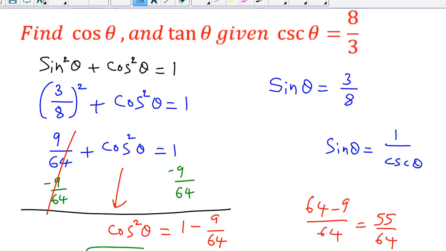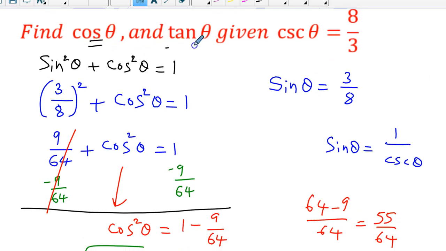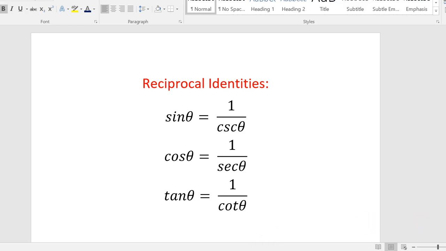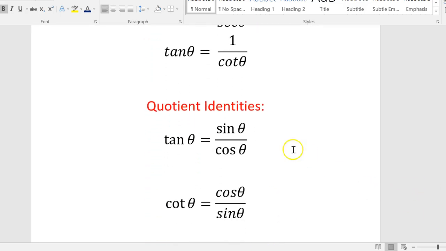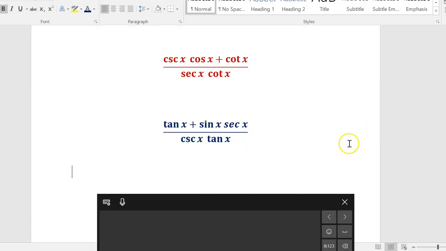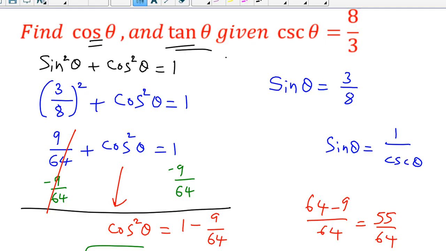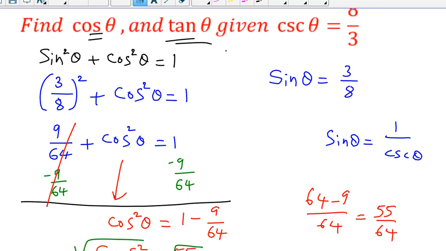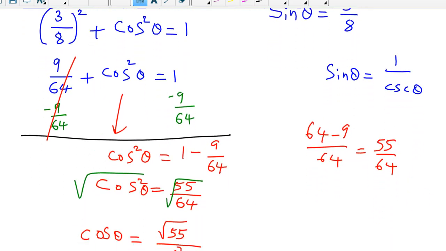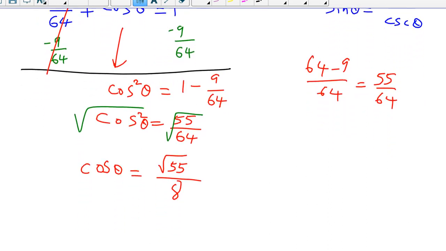Now you are looking for what? Not only cosine but also tangent. But what is tangent? We all know that it is a quotient, that is, sine over cosine gives you tangent. We have it here. Let me show you. Sine theta divided by cosine theta gives you tangent. Alright. So I have here sine theta is how much? 3 over 8. And the cosine theta is square root of 55 over 8.